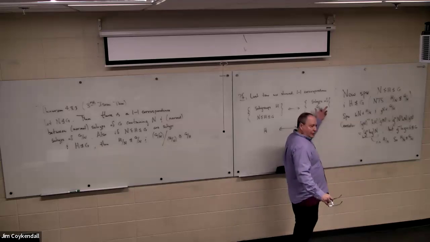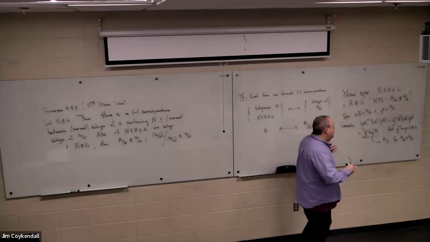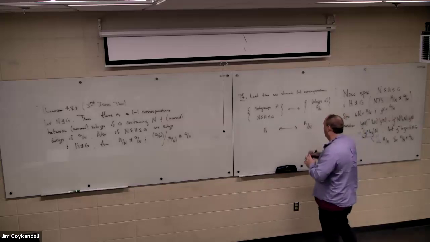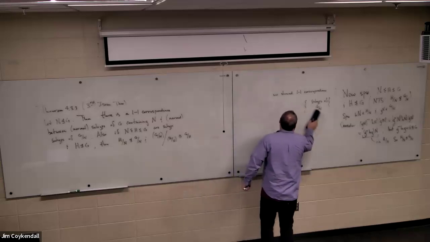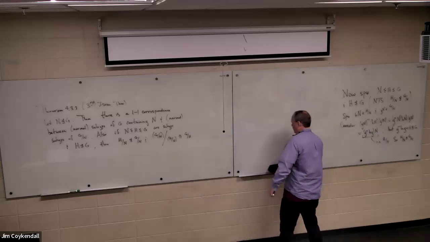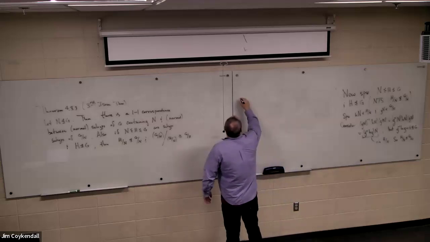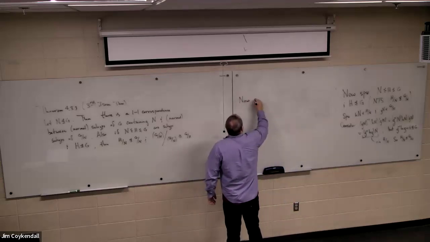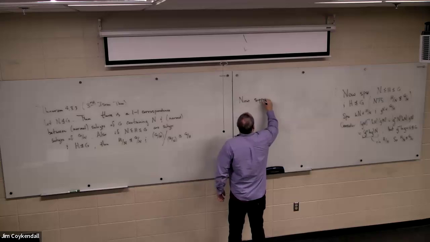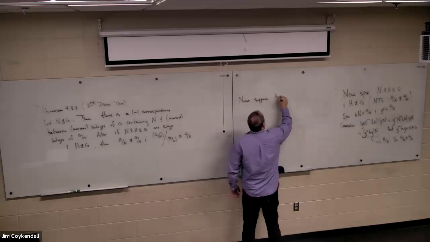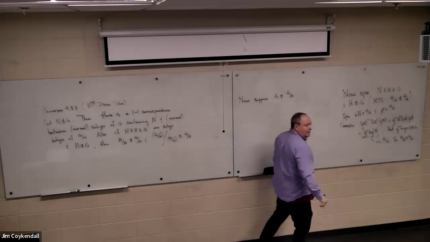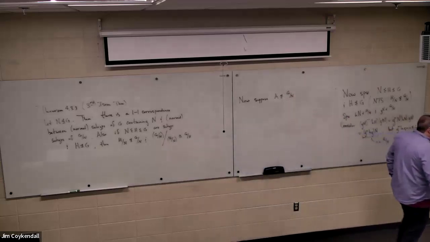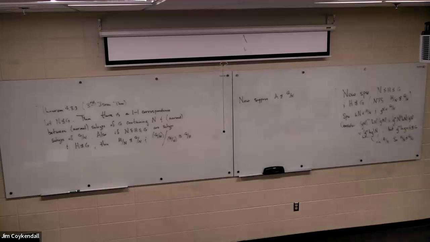What if I pick a normal subgroup of G mod N? So let's explore that. Suppose A is normal in G mod N. So here I write A because abstractly it's just a subgroup.